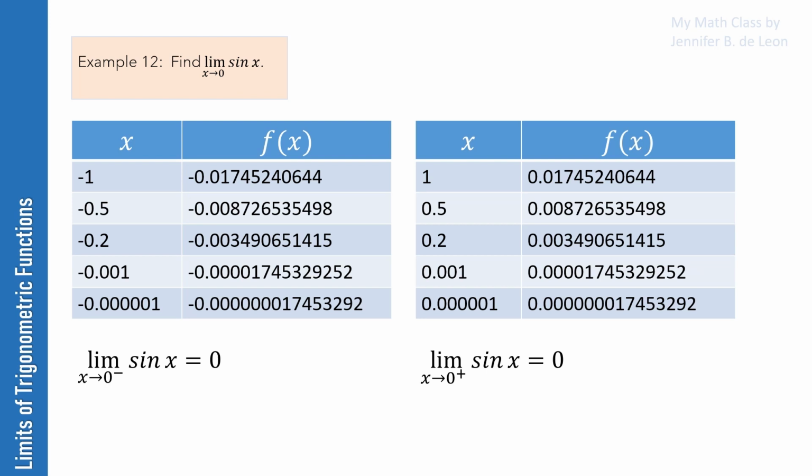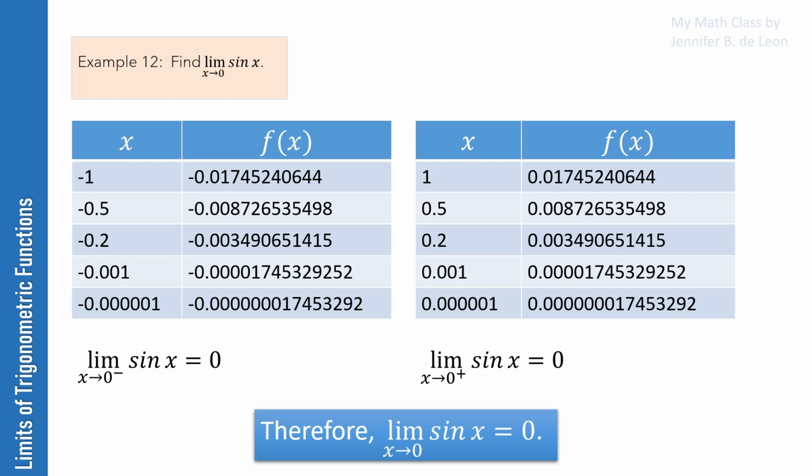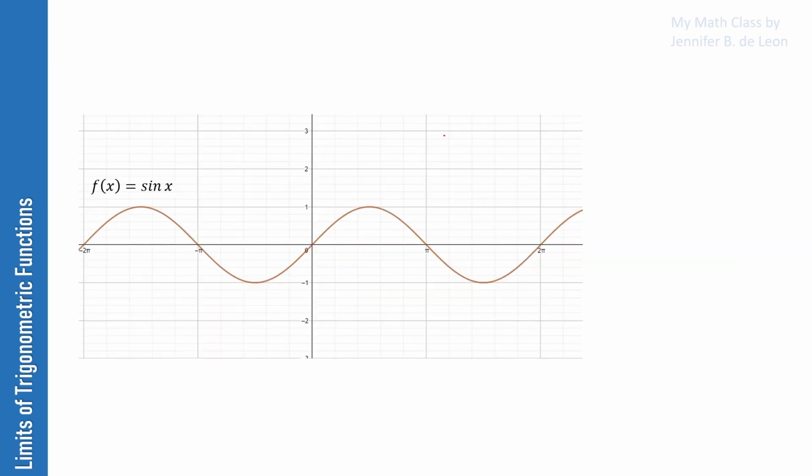Now, since both sides of the limit are equal to 0, we conclude that the limit of sine x as x approaches 0 is 0. Confirming with the graph of sine x, we clearly see that the limit of sine x as x approaches 0 is 0.